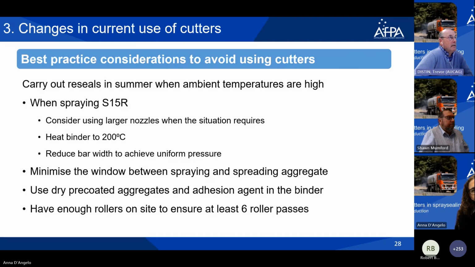And paramount is heating the binder. This binder, because of its high viscosity, needs to be heated to a temperature of 200 degrees to ensure that you get a more uniform distribution out of your nozzles.